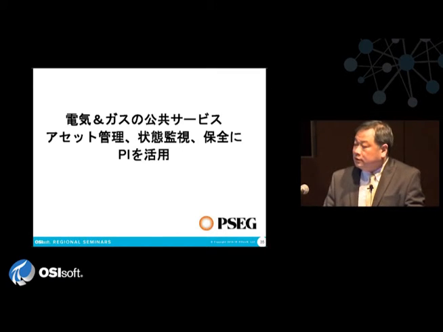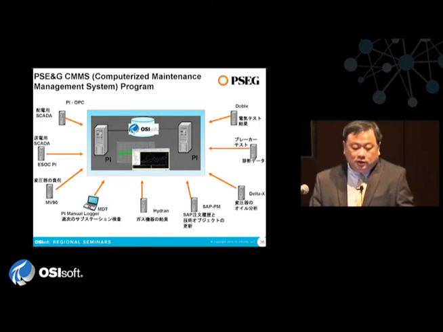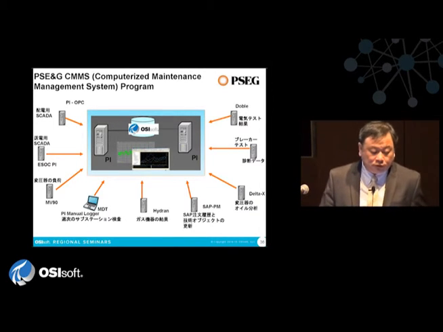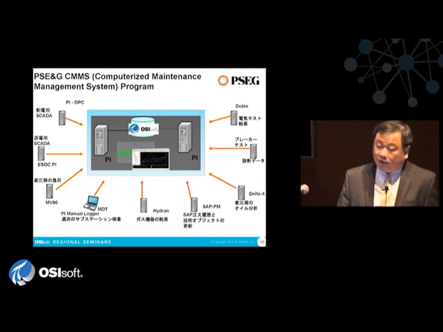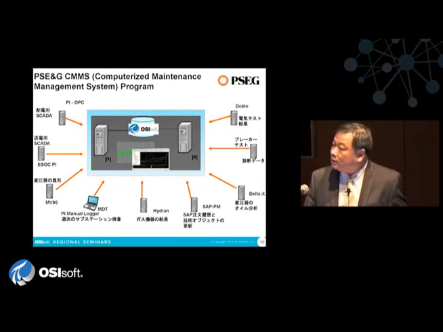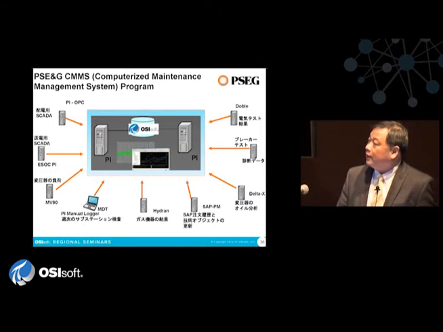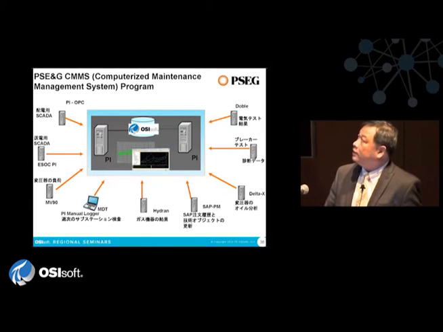Let's look at a PSEG example. At PSEG, they collect data from the transmission and distribution SCADA system, and from MV90 transformer loading, and some manual data, hydrant data, SAP PM data, maintenance data, and Delta X, which is the oil analysis data.